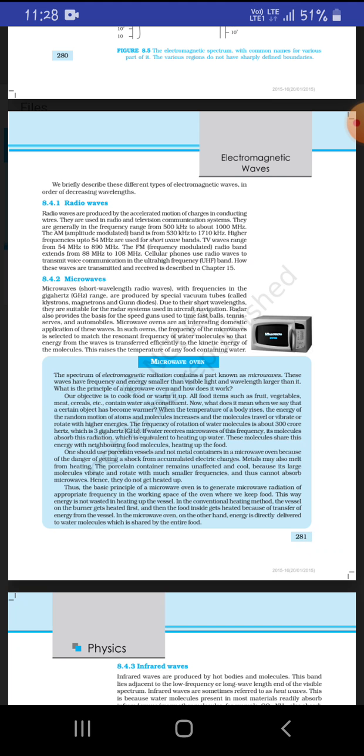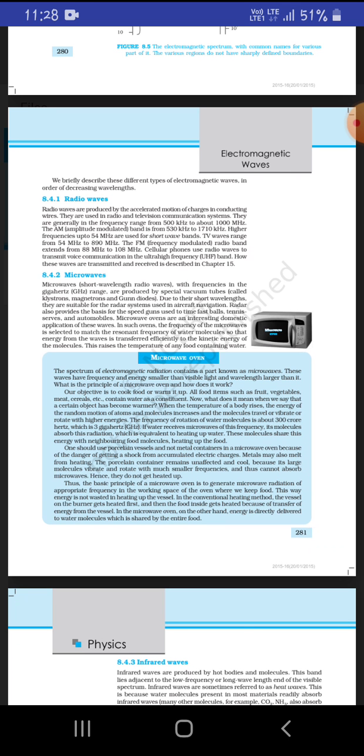They are generally in a frequency range of 500 kHz to about 1000 MHz. The AM (amplitude modulated) band is from 530 kHz to 1710 kHz, and higher frequencies up to 54 MHz are used in shortwave bands. This is about radio waves.